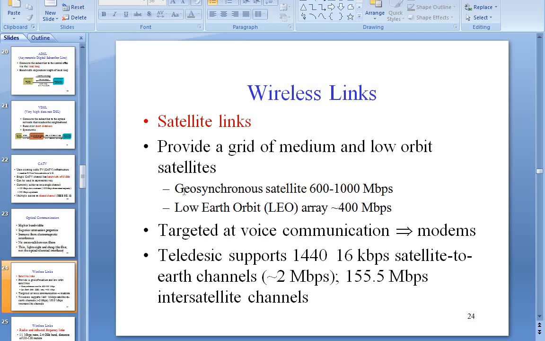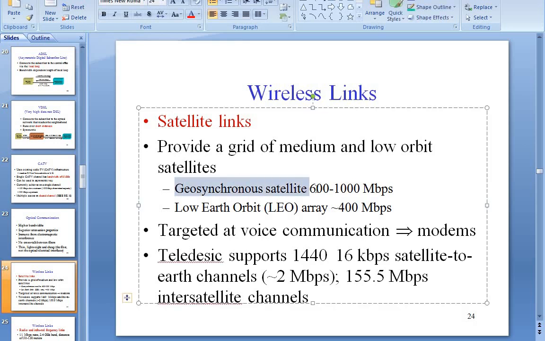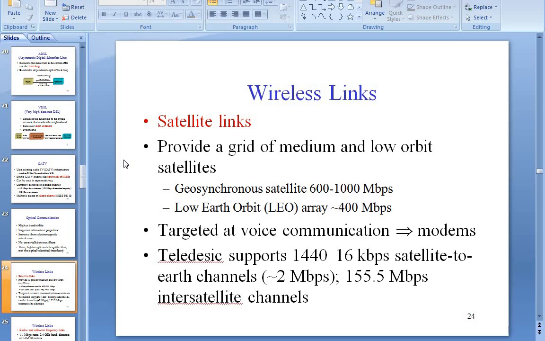It can provide up to 1000 Mbps through geostationary satellites, and through low orbit satellites it can provide 400 Mbps, but there is always the issue of latency in satellite communication links. You can use it in areas where you cannot provide normal communication, so in those areas we can connect multiple devices through a satellite link.